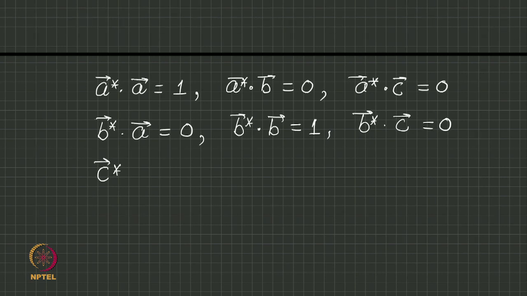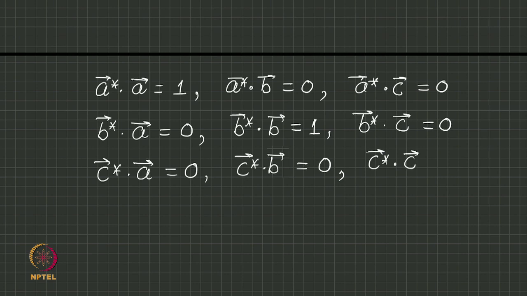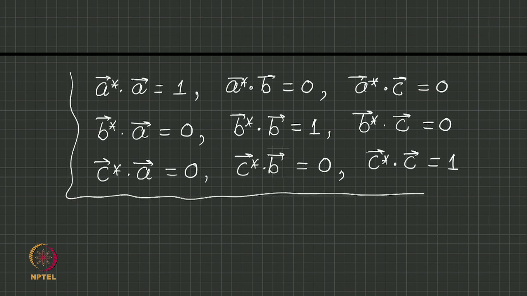Finally, we come to C star dot A, 0, dot B, 0, C star dot C is equal to 1. So, these are the defining relations.